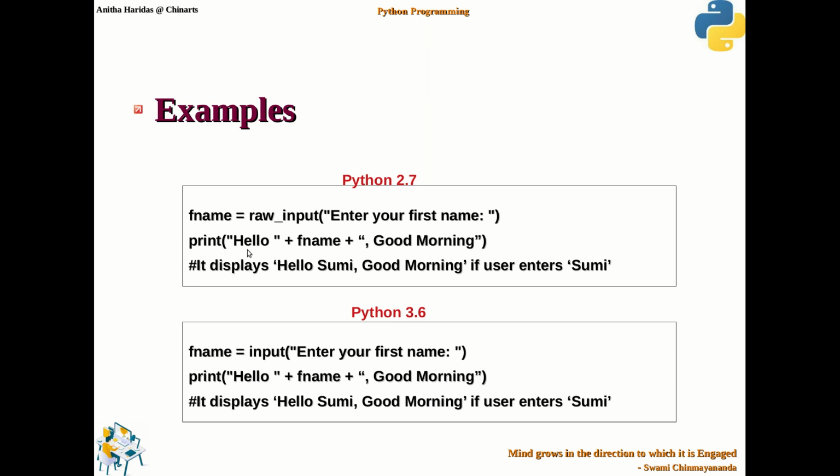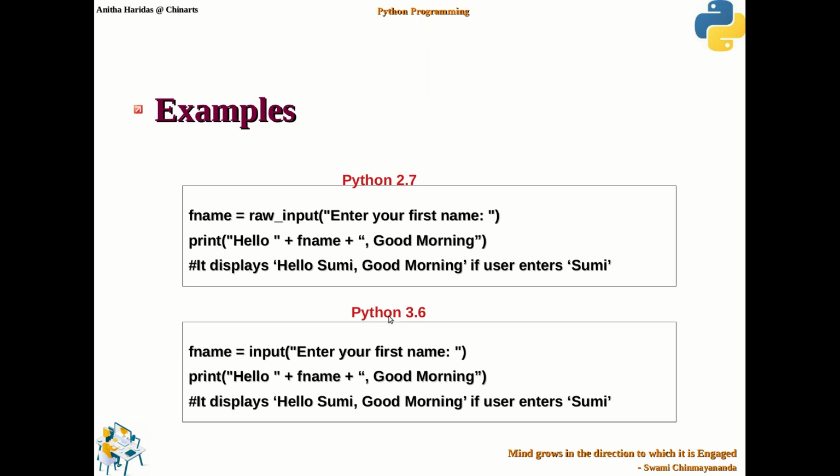So if you are going to print it, you can say hello, and whatever first name has been entered will be displayed here. Then good morning can be given as a greeting. So these two statements will display hello Sumi, good morning, if the user enters Sumi as the data for fname.